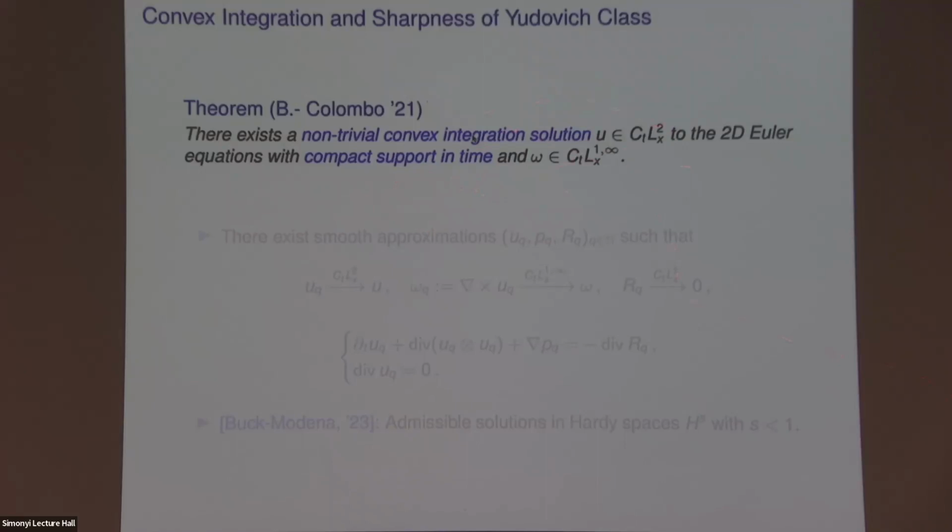We could construct convex integration solutions of the 2-dimensional Euler equation, L2 in space, with bounded kinetic energy, with compact support in space and time. So some flexibility is going on here, and vorticity in the weak L1 class. So not even L1, just L^{1,∞}.